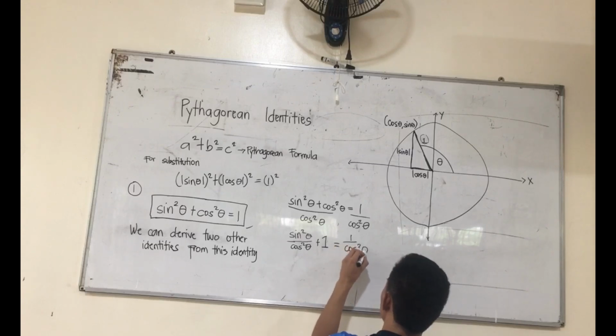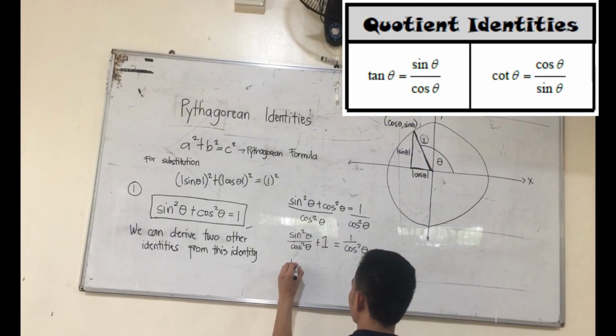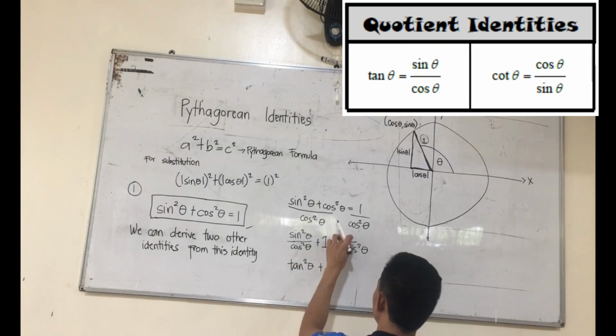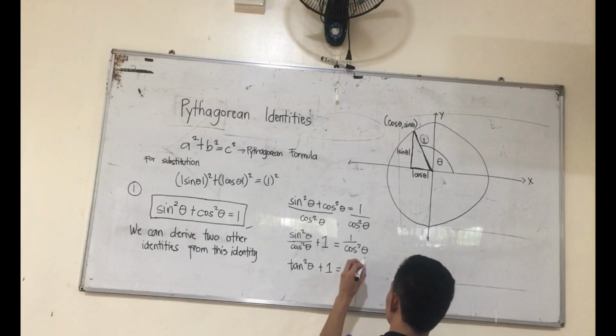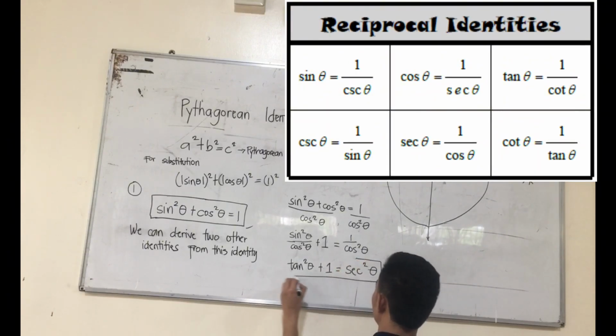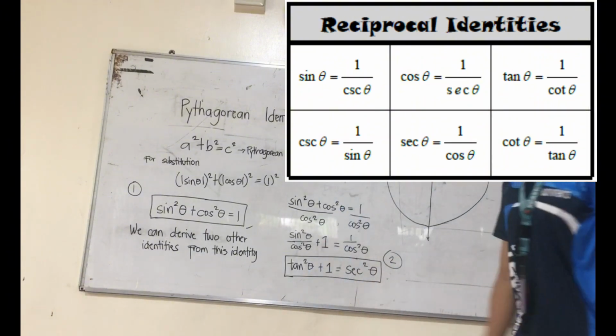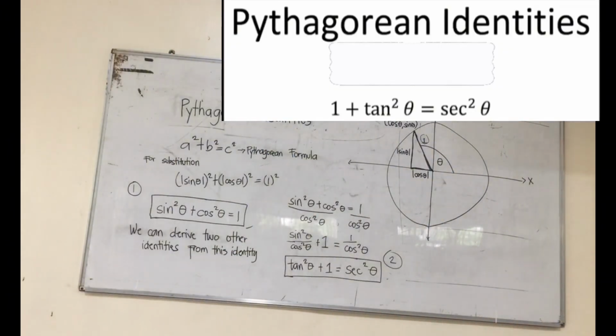Remember that the quotient identity of sine squared theta over cosine squared theta is equal to tangent squared theta. Then the reciprocal identity of 1 over cosine squared theta is equal to secant squared theta. Therefore, we have the secant identity.